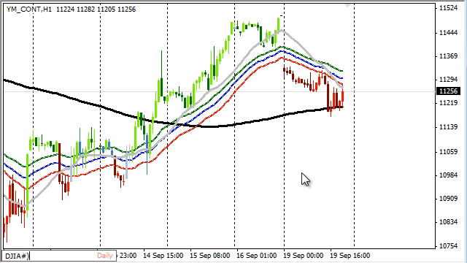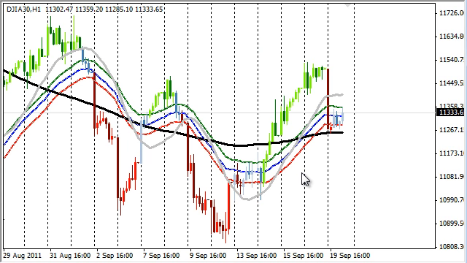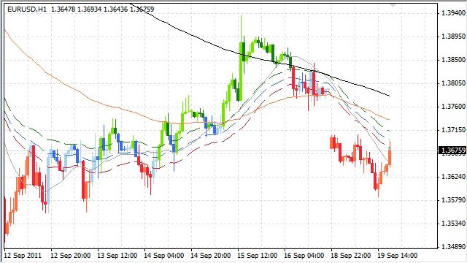I can see risk aversion most clearly if I look at the Dow and try to find out where the sellers are stepping in and if they're willing to drive this market lower. All right, that's a look at this play. Again, the play is the 60-minute Euro US dollar swing short into that conservative level at the 34 period EMA low.